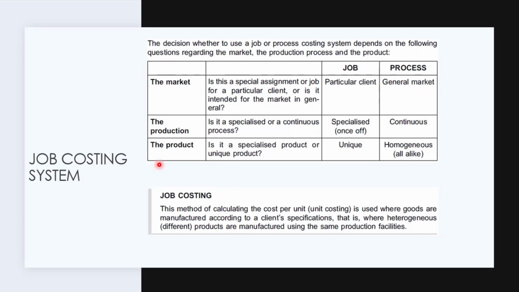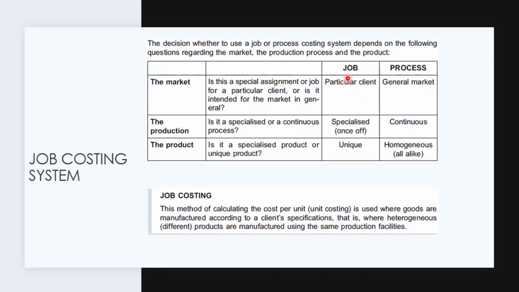From reading the questions, you should be able to identify, is this job costing or is this process costing? You will see with the context that they give you about that specific company, you will be able to see whether you are going to be required to use job costing or process costing. I hope that makes sense.